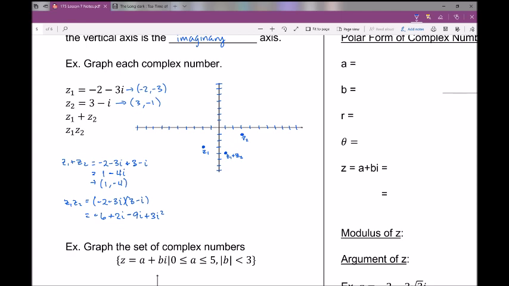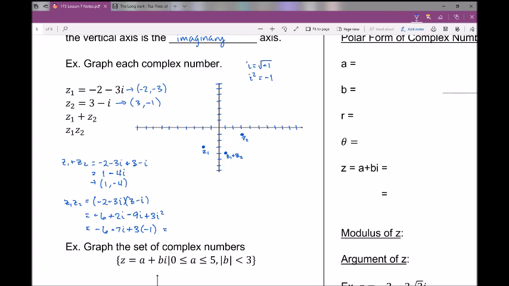Now, to simplify this, remember that since i is the square root of negative 1, we can say that i squared is equal to negative 1. So anytime an i squared pops up in your computations, you can always substitute it with a negative 1. Combining the like terms, we get negative 6 minus 7i plus 3 times negative 1.